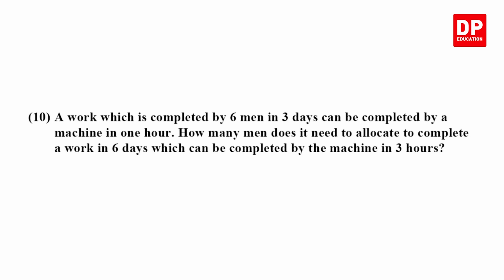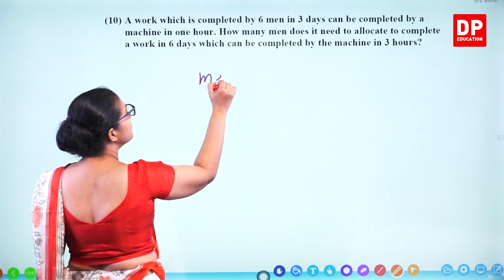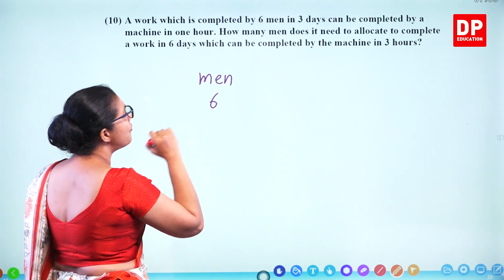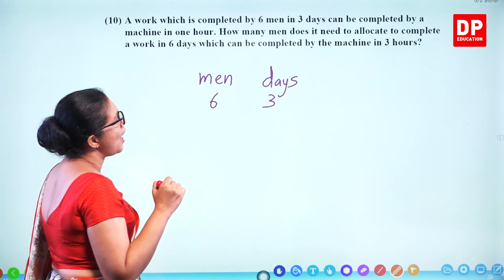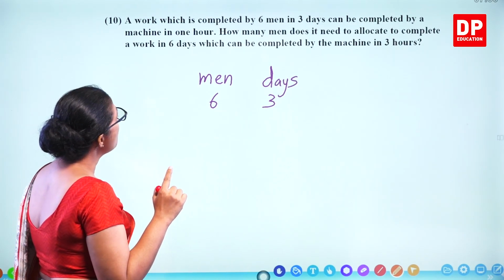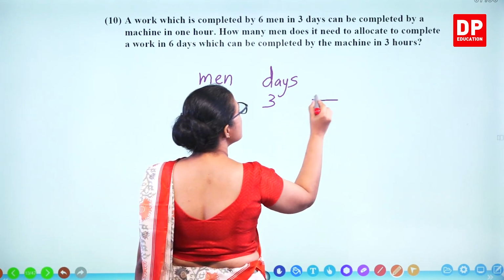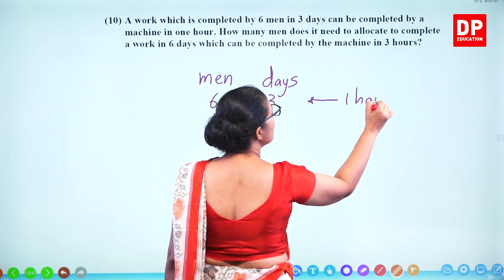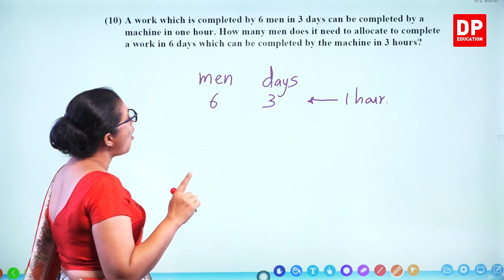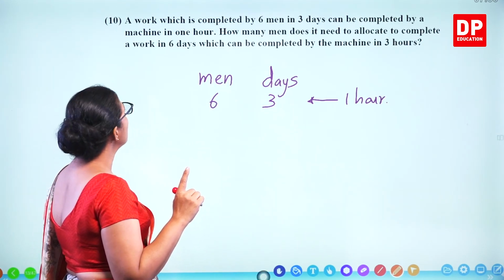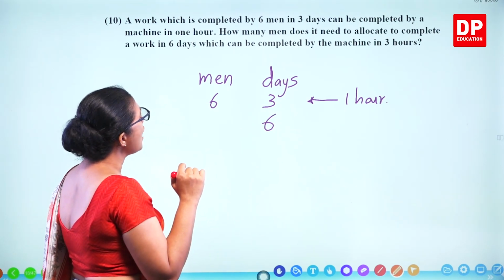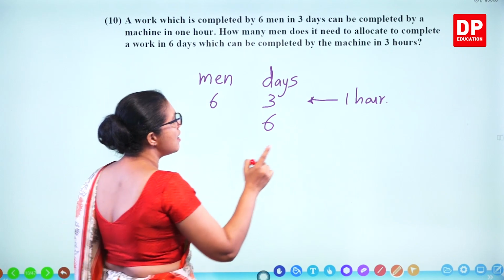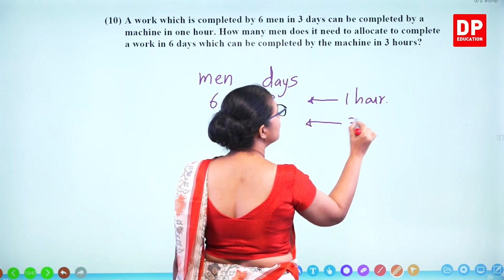Question number 10. A work which is completed by 6 men in 3 days can be completed by a machine in 1 hour. So this is in 1 hour. How many men does it need to allocate to complete a work in 6 days which can be completed by the machine in 3 hours?